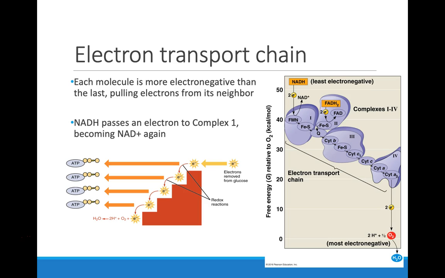Remember, an electronegative atom or molecule is one that is going to pull electrons toward itself. And so as they are lined up next to each other, they're going to pass electrons to their neighbors because each neighbor is more electron hungry. Each neighbor is more electron greedy. And as those electrons are passed between molecules, their energy is slowly released.